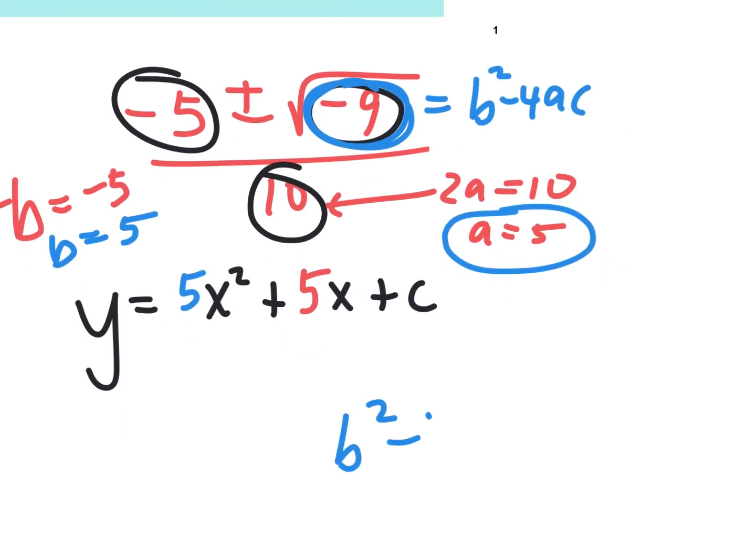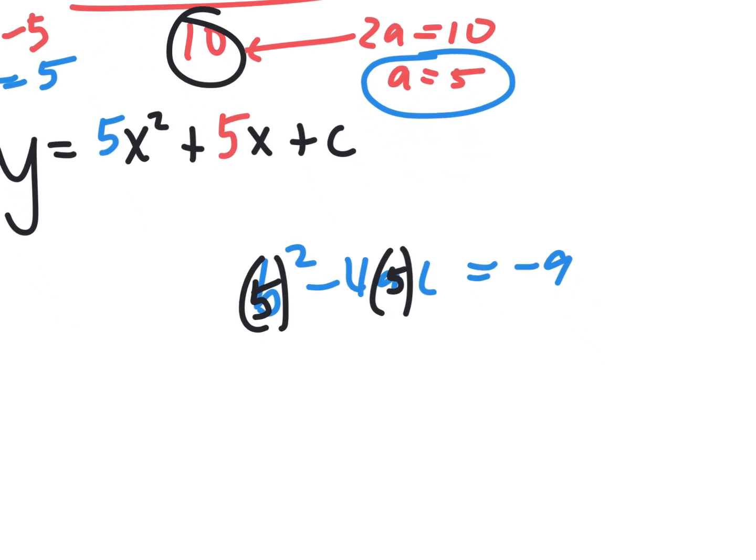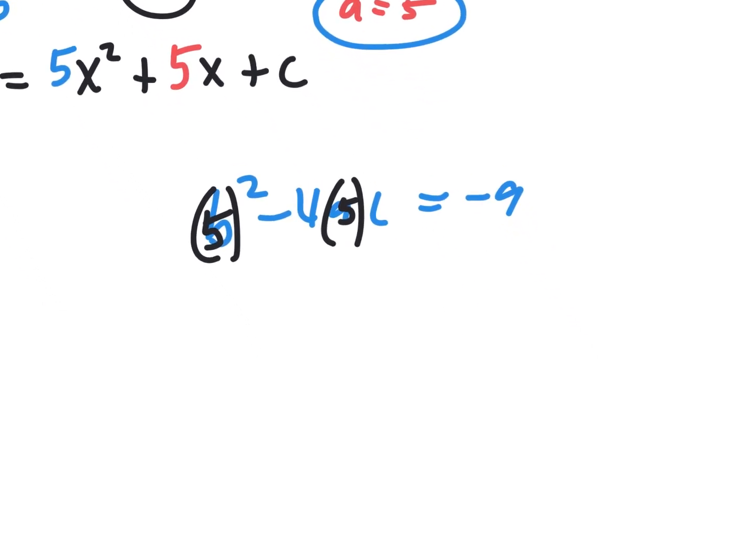B squared minus 4AC must be -9. And B is 5. And A is 5, then you can definitely solve for C. Go ahead and do that. Compare your answer with the kid sitting next to you.